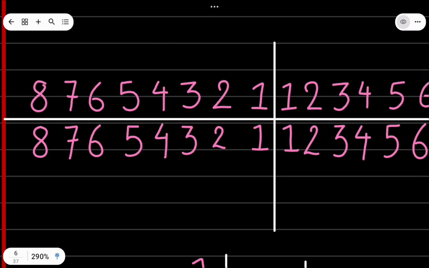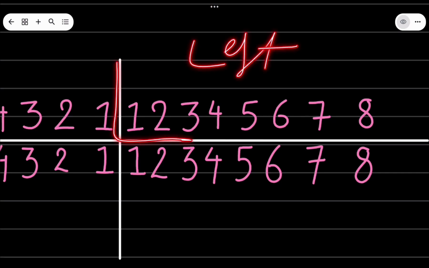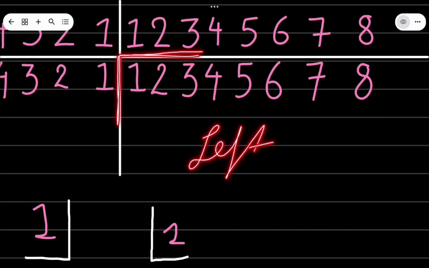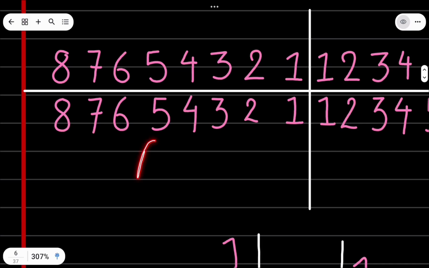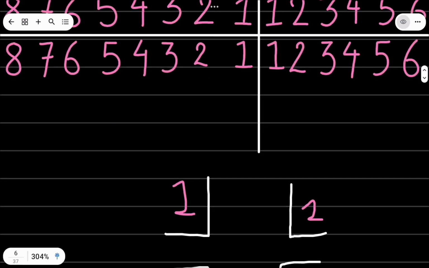So the right maxillary arch will have this symbol. The left maxillary, this is the left side of the maxillary arch, we will use this symbol. Then for the left mandibular arch, we will use this symbol. And for the right mandibular arch, we will be using this symbol. So here is an example.